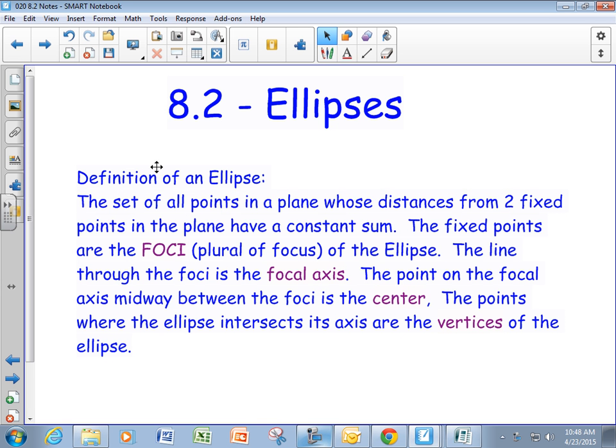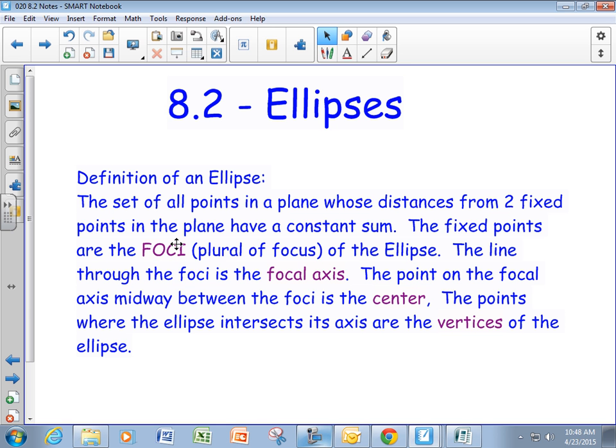So, an ellipse is known as the set of all points in a plane whose distances from two fixed points have a constant sum. The fixed points are called the foci, which is the plural of focus.